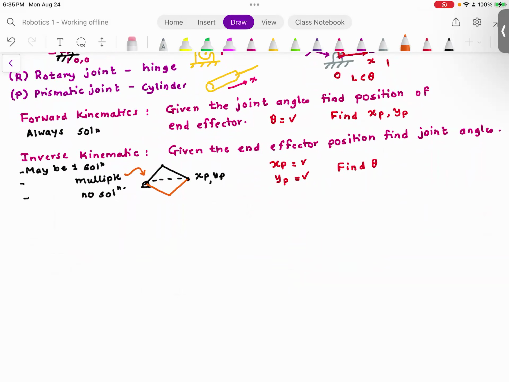What is kinematics? Kinematics is nothing but the study of displacement, velocities, acceleration. We don't include any forces. So if we were to include forces, that becomes a dynamics problem. Kinematics only deals with motion.